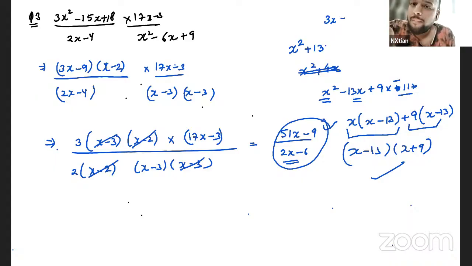Okay, 2 fives are 10. And then I did x square plus 5x plus 2x plus 10. Very good. Then I did x into x plus 5 plus 2 into x plus 5.